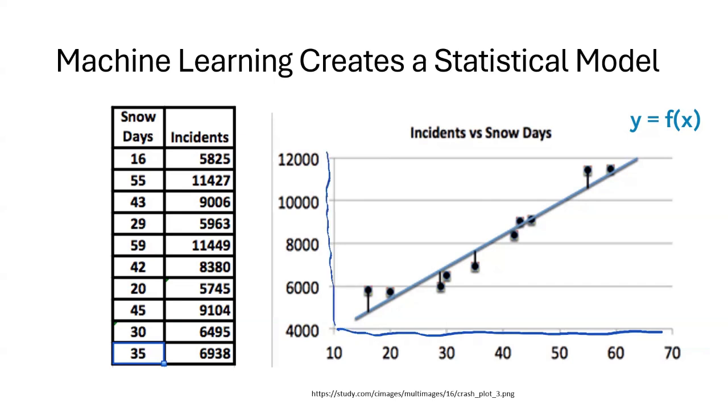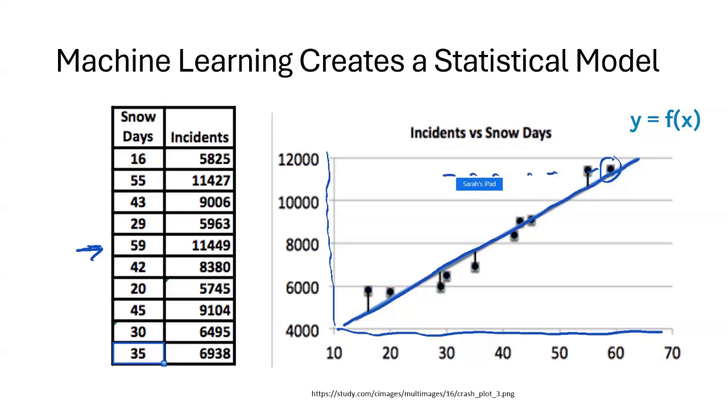And sure enough, here's the trend. Here's the line. We got the mathematical formula. But to get that line, we had to plot these actual observations. So maybe it's the past 10 years, and every year we count the number of bad weather days and then count the number of road incidents in that year, and we have a correlation. In this year here, that one corresponds to this line here, there were 59 bad weather days and 11,449 incidents.